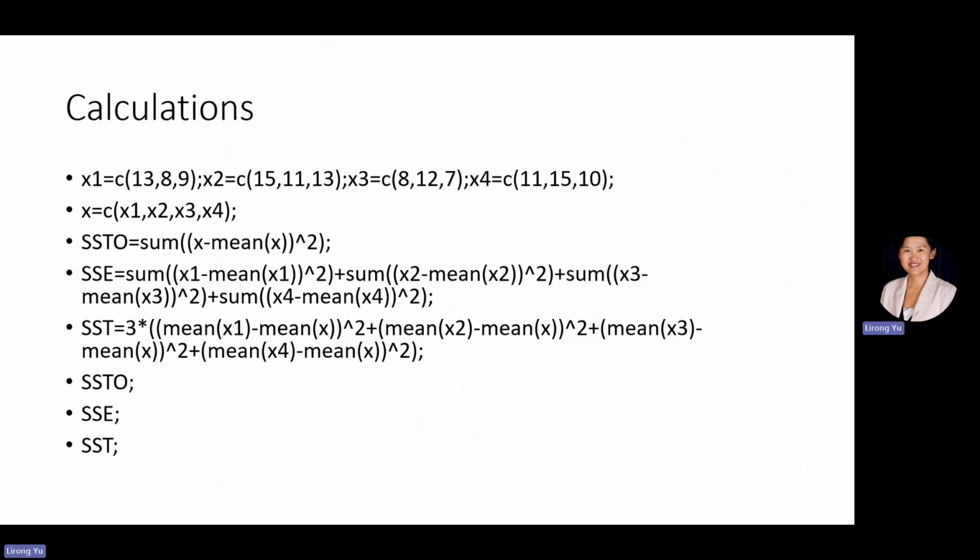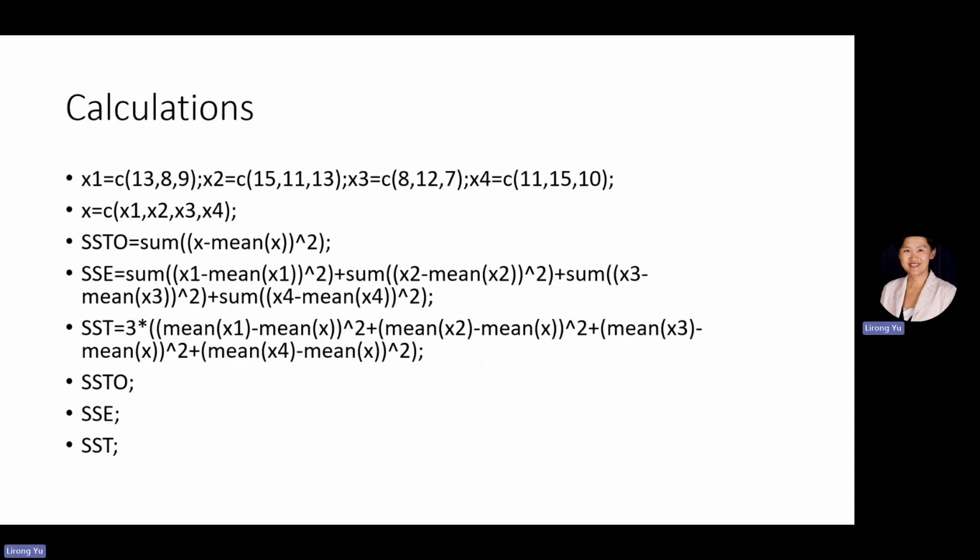So this is the process of doing those calculations manually. We need to calculate SSE and SST, and adding them together gives SSTO. But you can also calculate them one by one. I did all the calculations on this page.